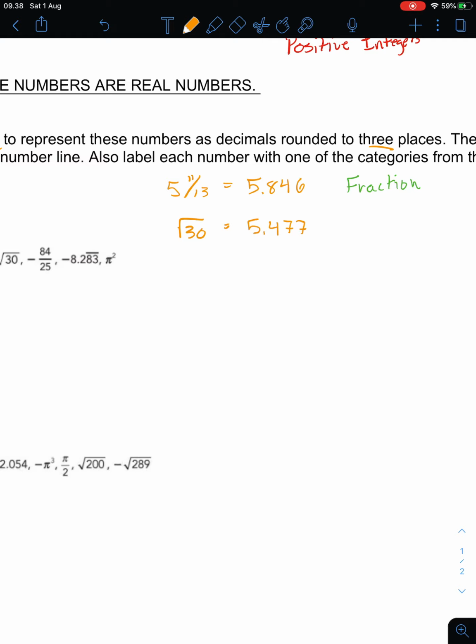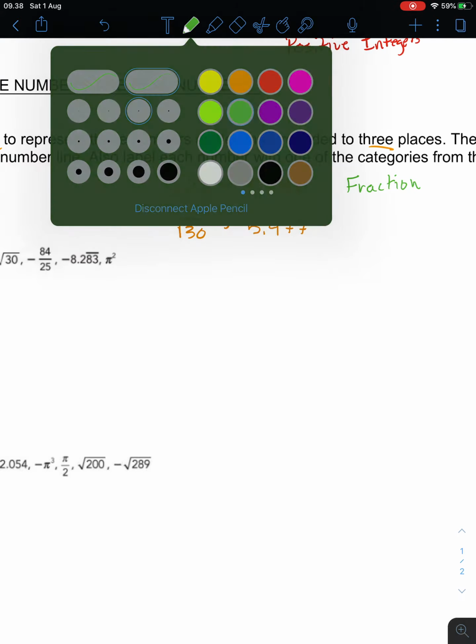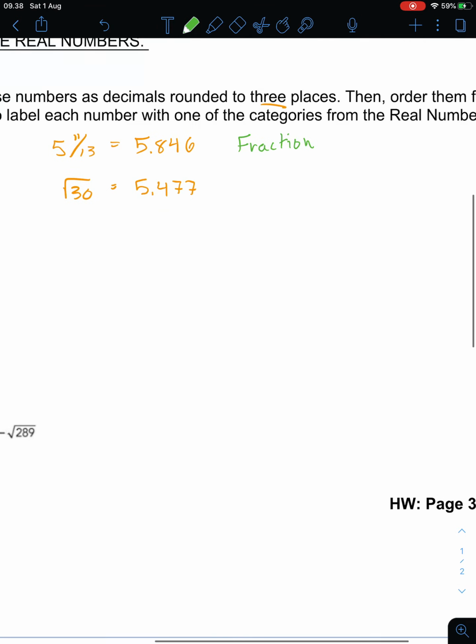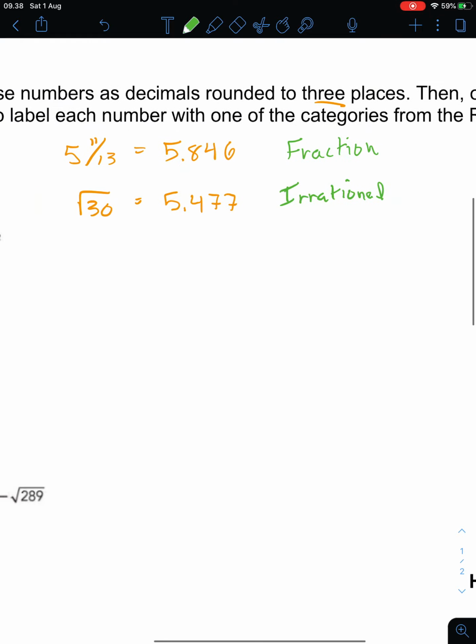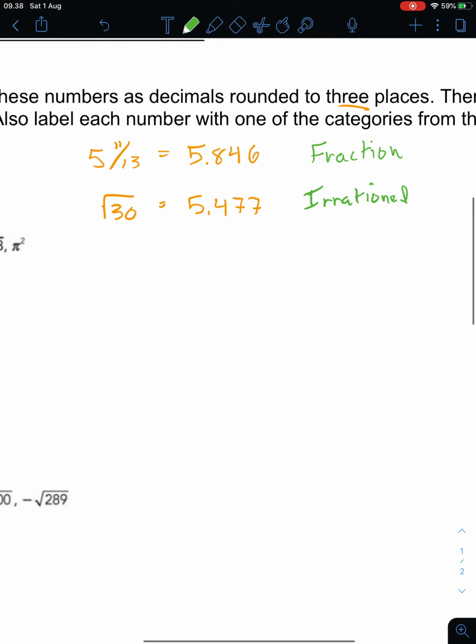Okay, so the way that it looks on my calculator, and just knowing what I know about rational and irrational numbers, this is an irrational number. Most of the time, not all of the time, but enough of the time that you can assume, if a square root does not come out to be an integer, it is most likely an irrational number, okay? And that is the case with square root of 30. Square root of 30 is irrational.